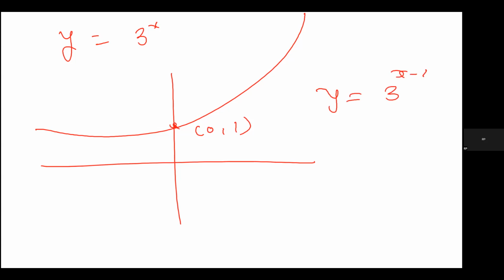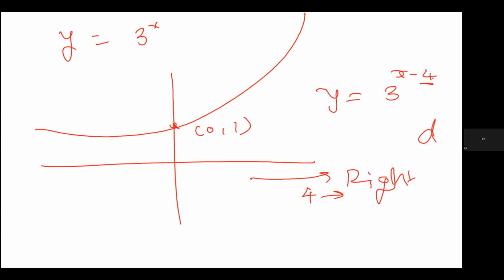So this is the d value. The d value is moving the graph left or right. If it is positive, the graph goes to the right. So this one, the graph will be moving 4 units to the right.